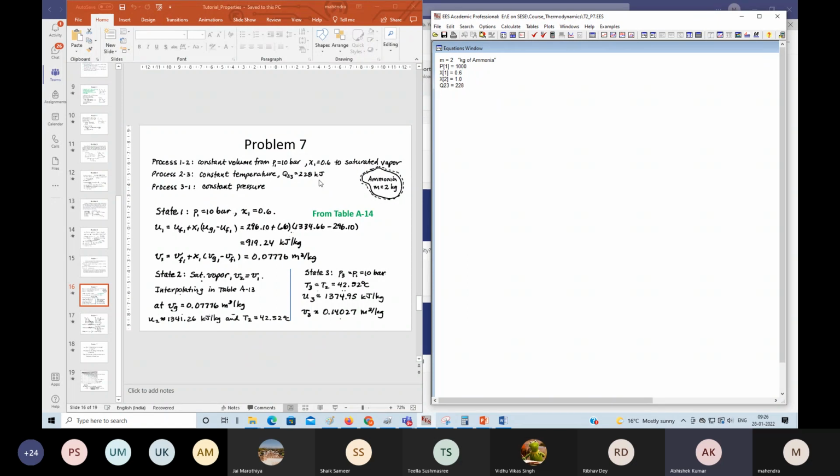Okay. Then what we need to do now? The specific volume at 1. Okay, that we don't know. So we are calculating specific volume 1 equal to... Okay, so we know all the properties over there, right? So volume, since the fluid is ammonia, and then that is P equal to P1.